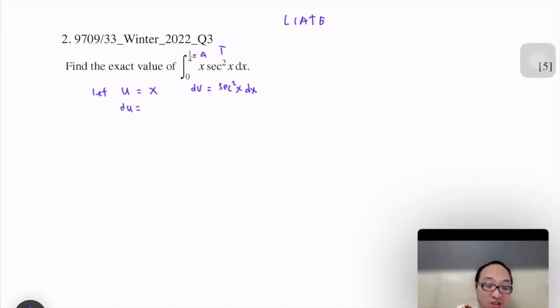So du is dx, and v is the integral of secant square, which is tangent x.